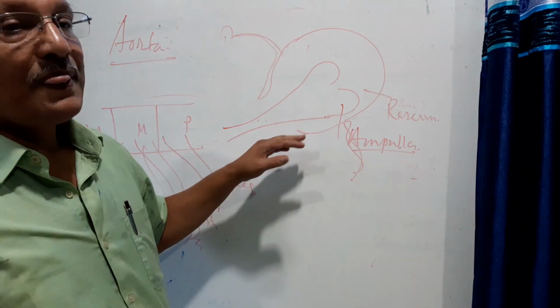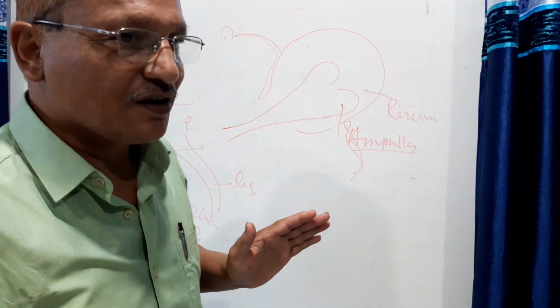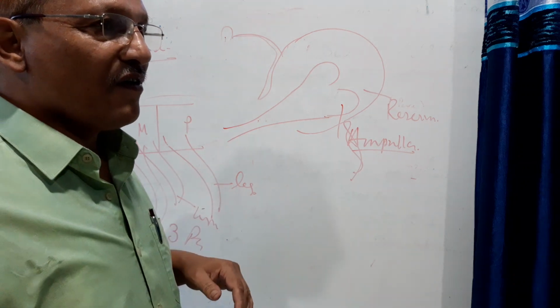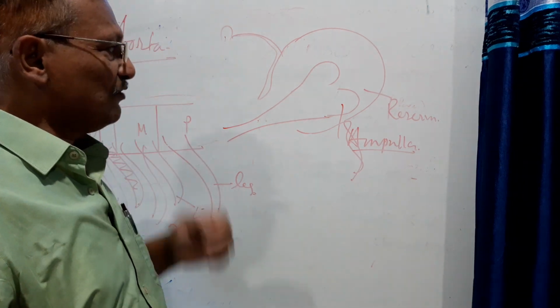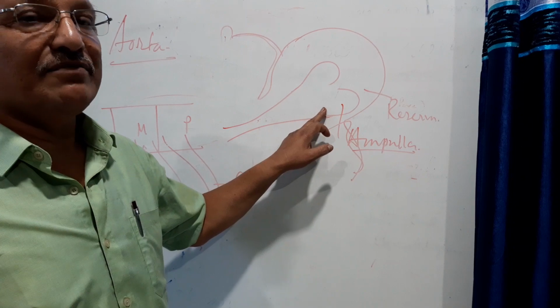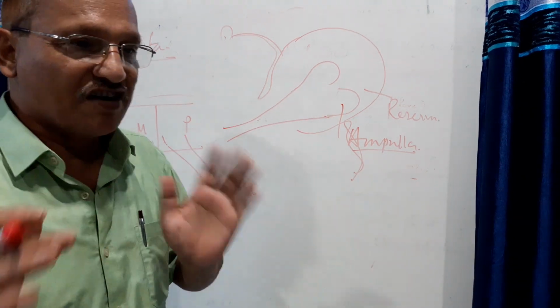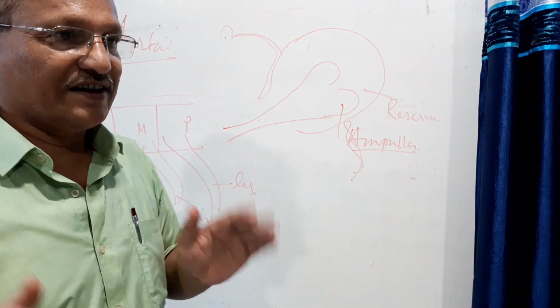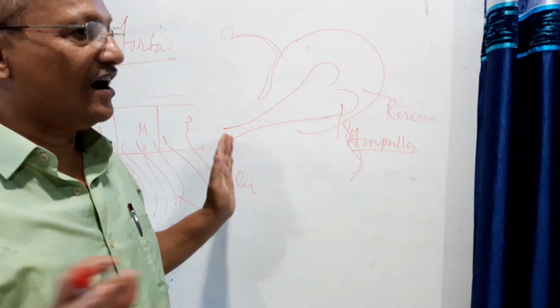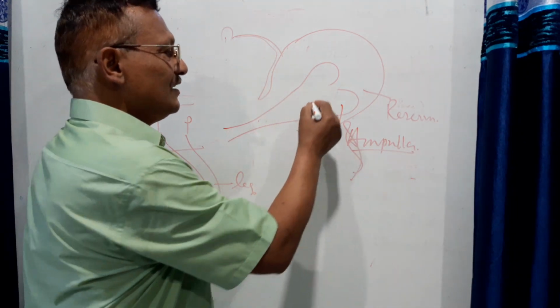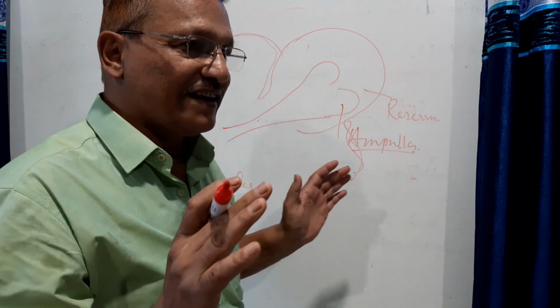Due to the constriction and relaxation of the heart muscle, as well as the constriction and relaxation of ampullary muscles, when diastole starts, that means relaxation starts in the heart muscles, the ampullary region is extended.